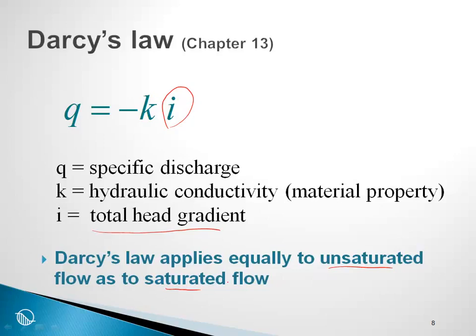It is the same law for both unsaturated and saturated flow. There is quite a bit of literature on this, that this is a valid thing to do. I will not take the time here to discuss it further, but it is useful to know that we make this assumption and use this equation throughout the whole domain, whether the flow is saturated or unsaturated. So Darcy's law is at the heart of SEEP-W.